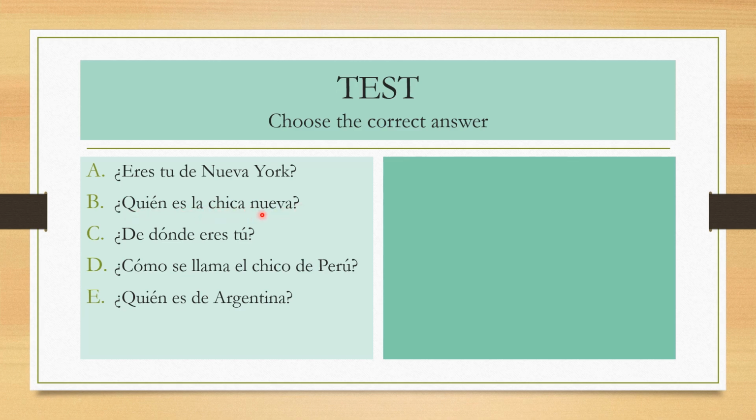C, ¿de dónde eres tú? D, ¿cómo se llama el chico de Perú? E, ¿quién es de Argentina?